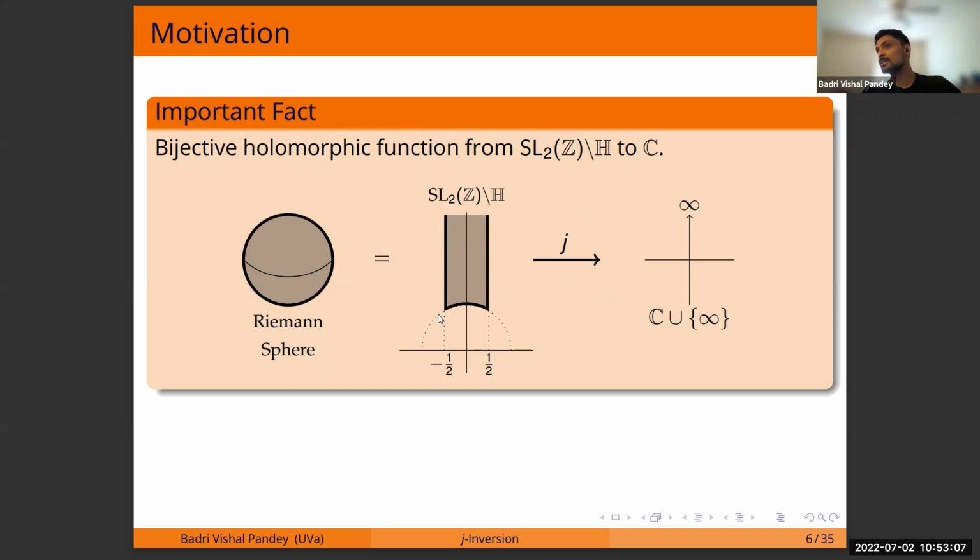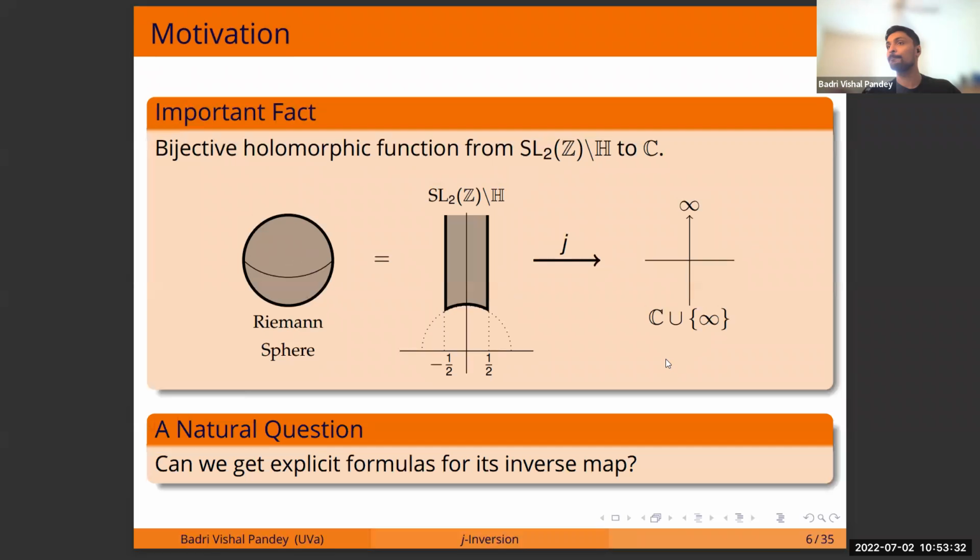You might have seen this picture many times if you ever attended any modular forms or elliptic curve talks. So this is a fundamental domain for H mod SL2Z. You can think of this also as a Riemann sphere, and the J function gives you a bijection from this to the extended complex plane. And we are interested in finding its inverse map, right?